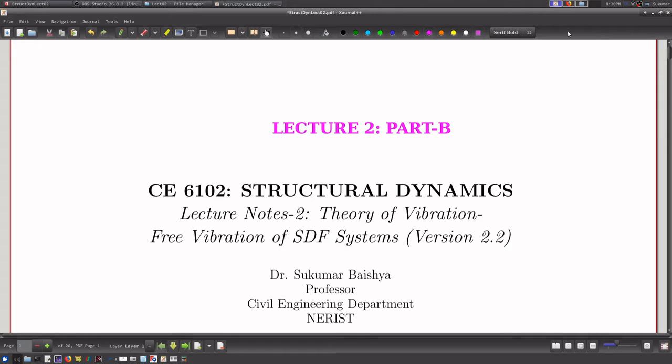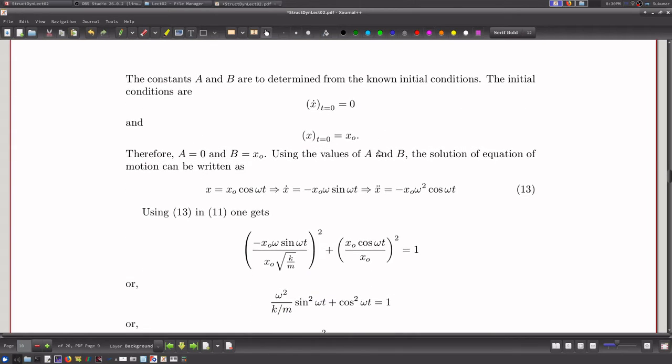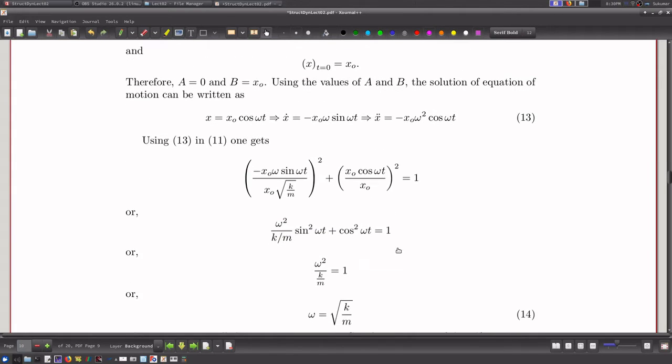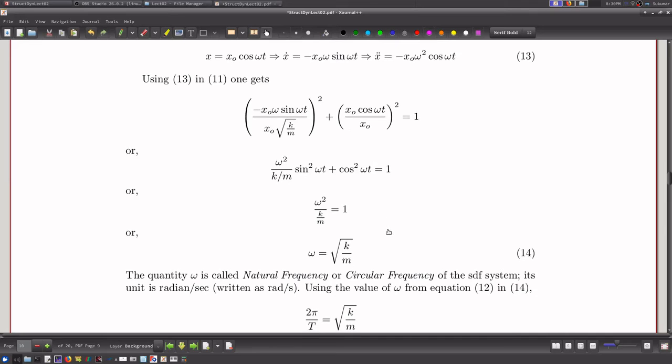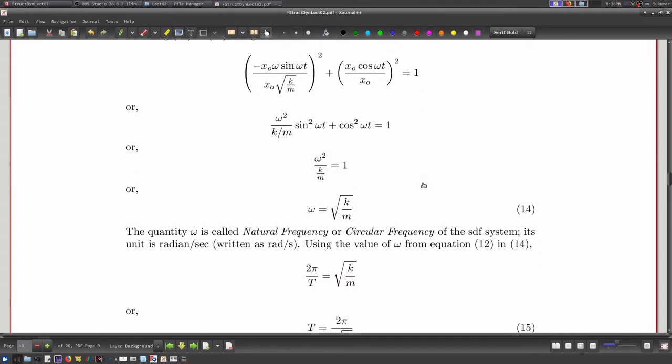In addition to that, we have also learned in the last class few terms related to free vibration, namely the natural frequency of vibration, and we had seen that the natural frequency is given by root over k by m.